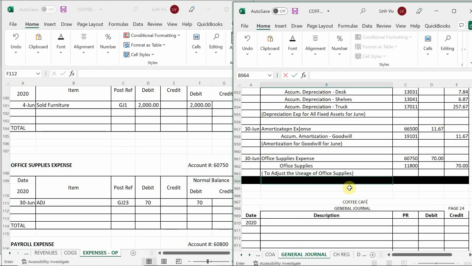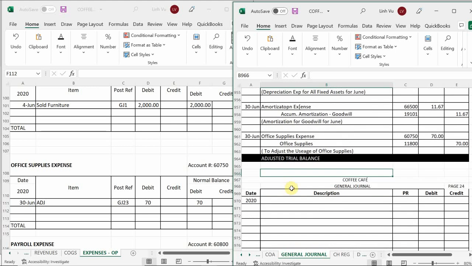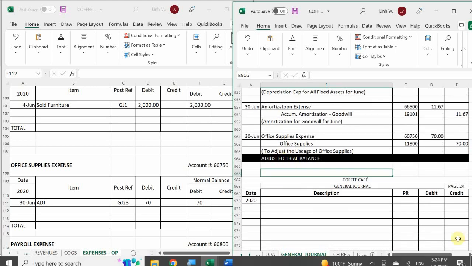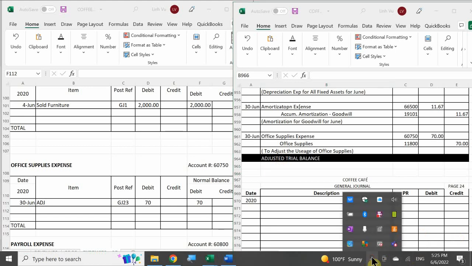I'm going to go ahead and make this adjusted trial balance. So save your work here. And that means when we're done with this, we're going to do the adjusted trial balance and then complete the rest of the steps to the accounting cycle.